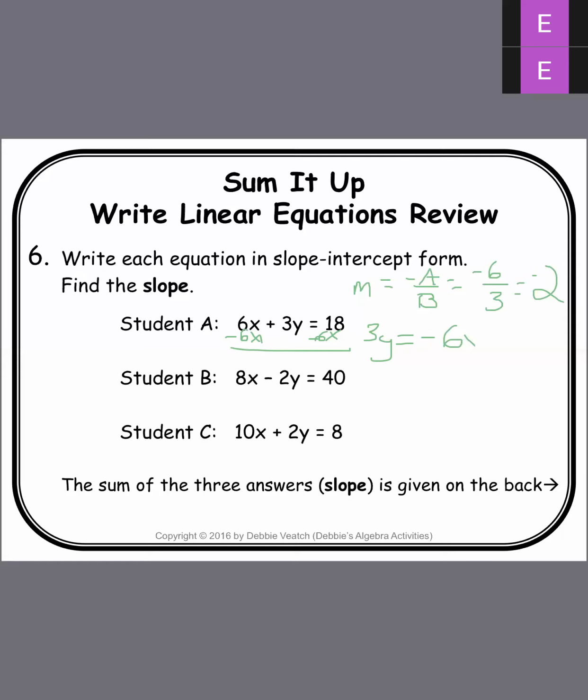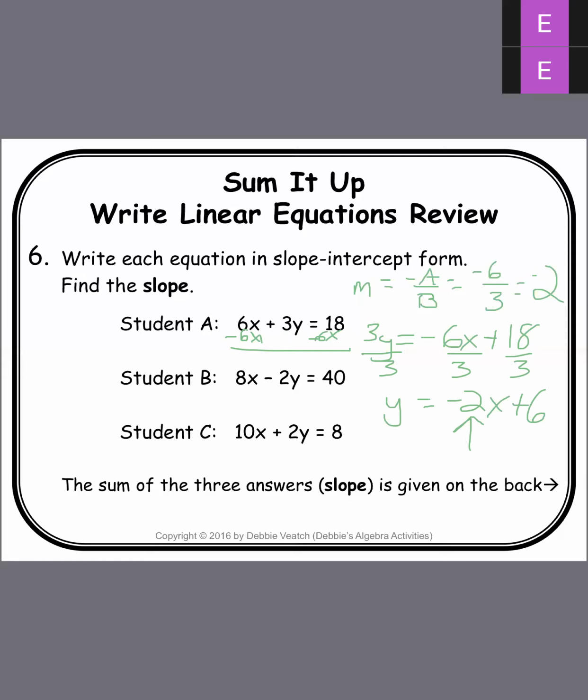Negative 6x plus 18, and then divide everybody by 3. So now that it's in slope-intercept form, I know that I can look right here for my slope, so I got negative 2 anyway. So it's a little bit faster if you remember the negative a over b part, but if you don't, you can get the answer that way too. Either way, doesn't matter. You should get the same thing.